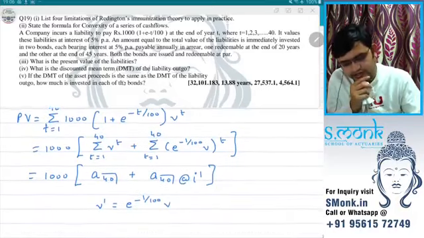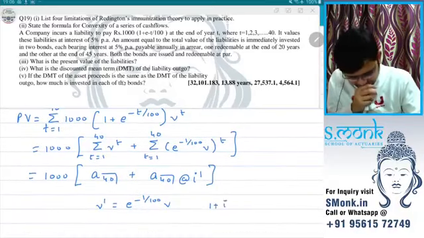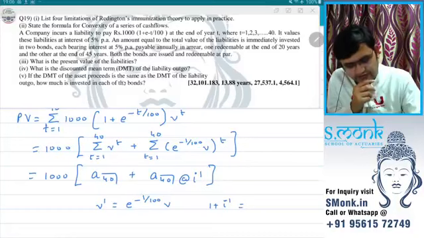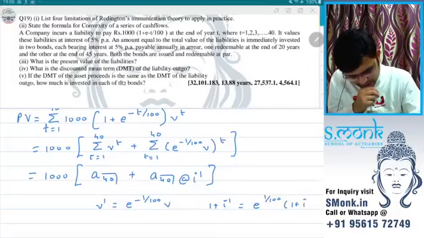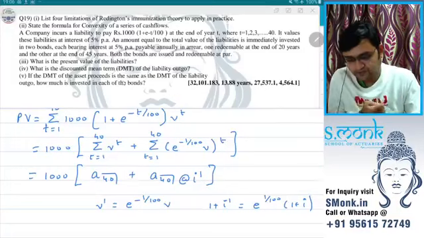Accordingly, we'll have to calculate our i dash. So 1 plus i dash will give me e raised to 1 by 100, with 1 plus i being 5%.